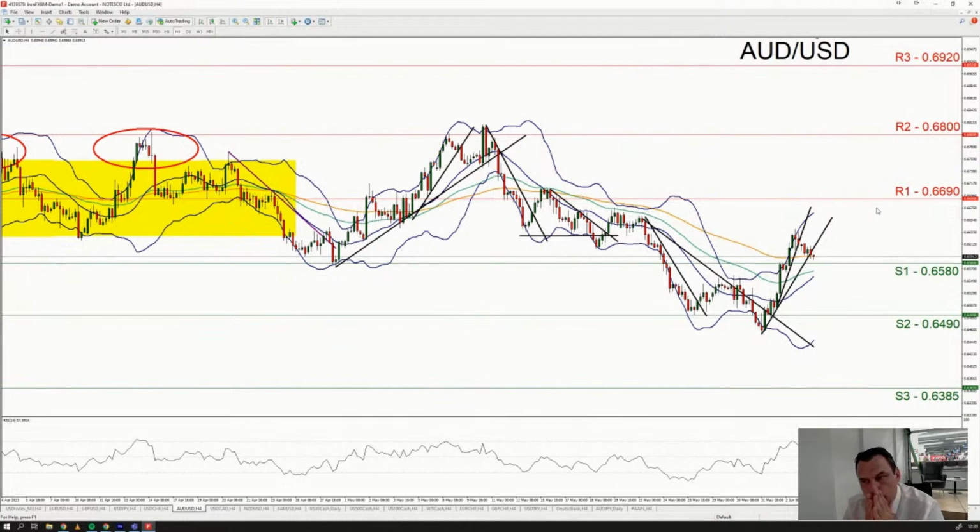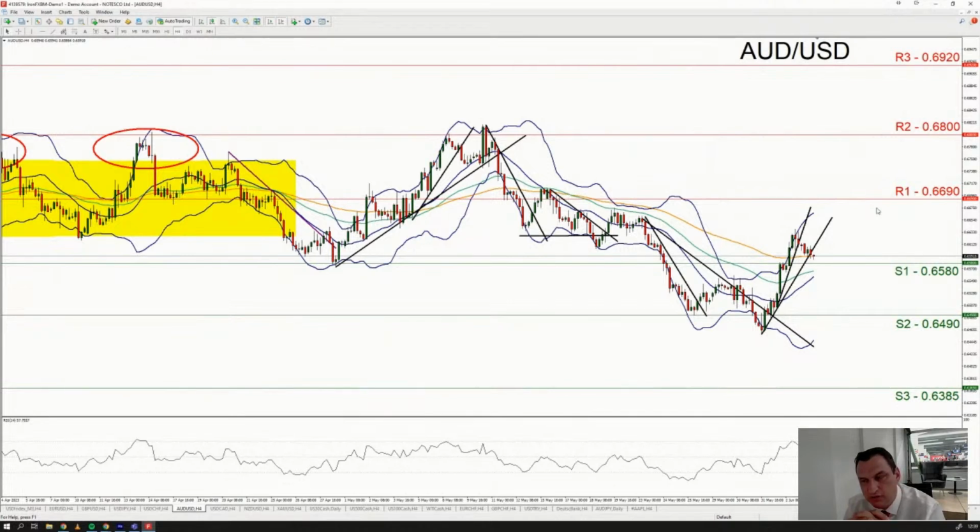Now, should the bank remain on hold given the acceleration of the CPI rate for April, I would expect also the bank to issue, or at least Governor Lowe to issue, a statement accompanying the decision which may be more tilting towards the hawkish side.